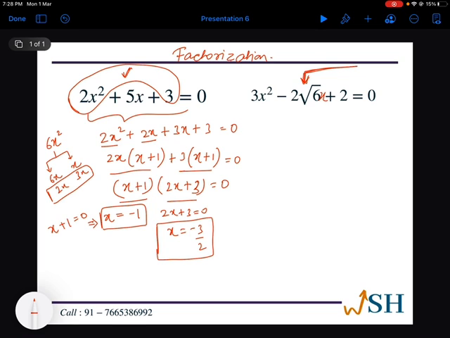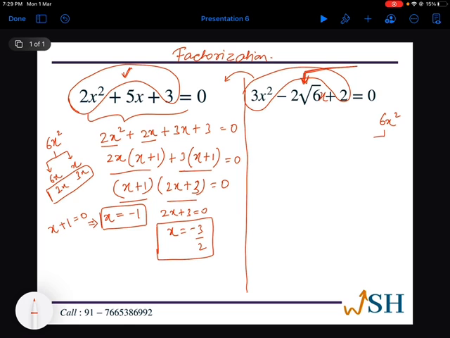This was simple. But how about the equation having 2 root 6x as the middle term? So the middle term splitting of this quadratic equation would be similar to this one, but with a slight change. Okay, so same, the end terms multiplication is 6x square. 3x square times 2 will give you 6x square.